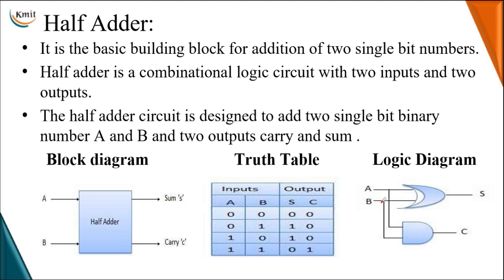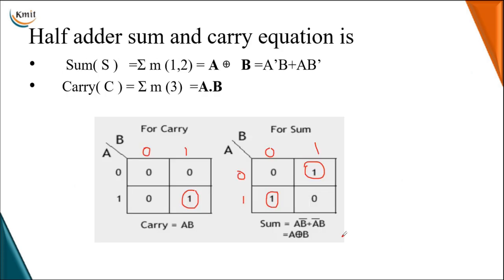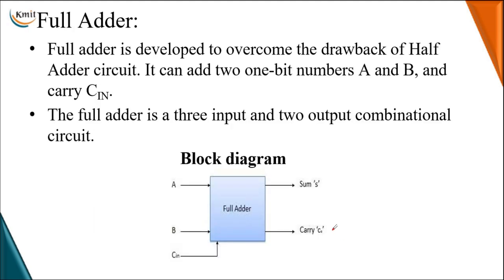Upon transferring the inputs A and B to the inputs of the exclusive OR gate, the output of the exclusive OR implements the summation function, which is equal to A exclusive OR of B, and the carry output is implemented using an AND gate, which is equal to A and B. So like this we design the half adder circuit. Here we have not mentioned any carry input, so in order to avoid that drawback, we are going to prefer the full adder circuit.